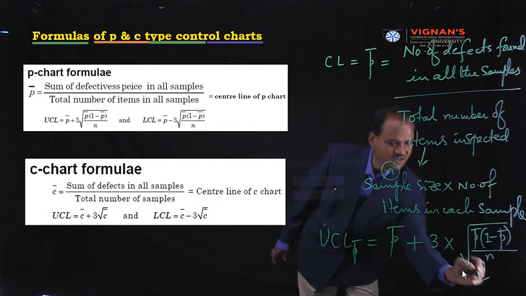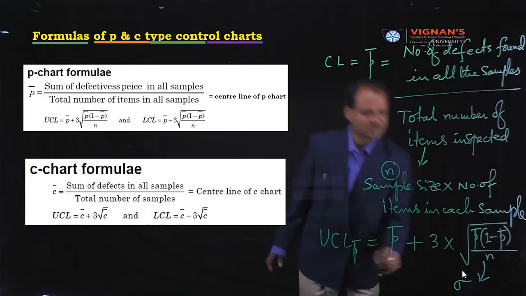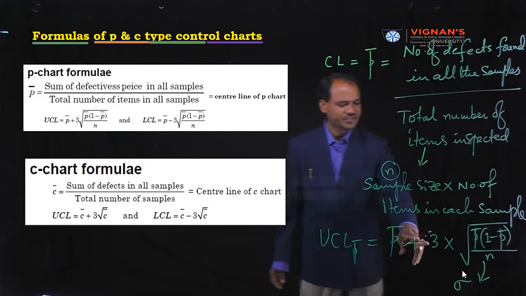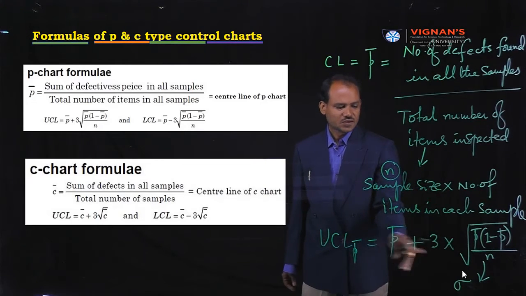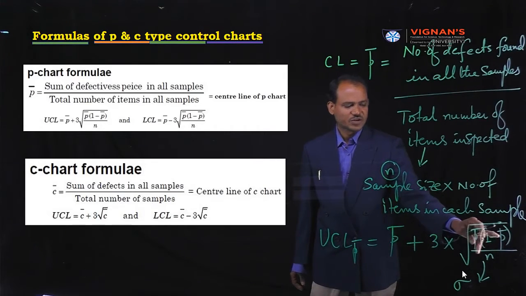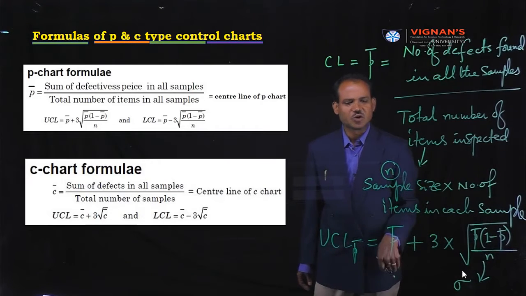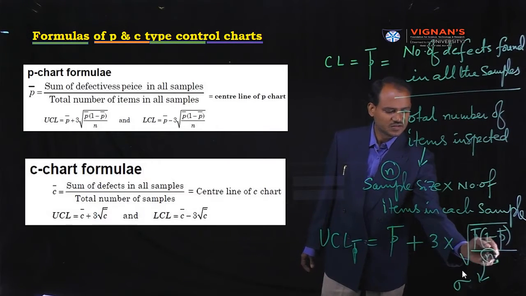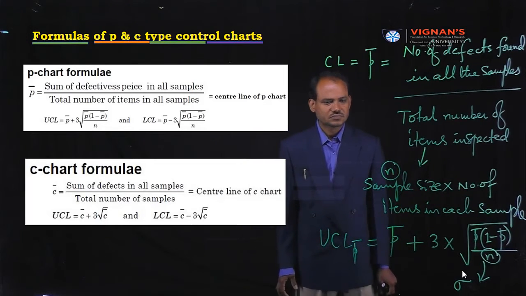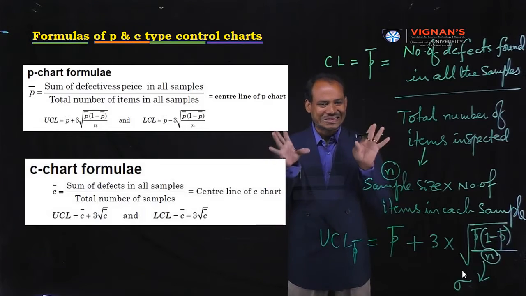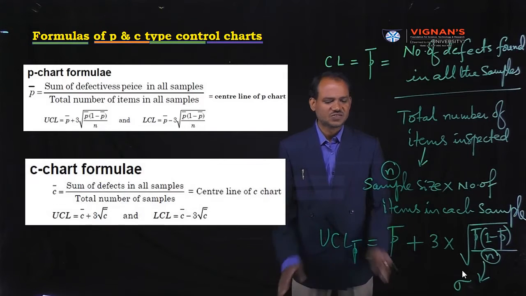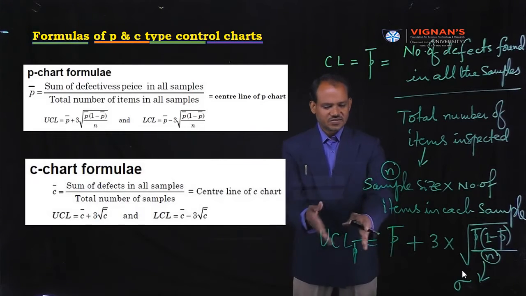This term is also known as sigma, the standard deviation. Standard deviation in a P chart is the square root of P bar into 1 minus P bar divided by small n, where n is the sample size. The number of items inspected in each sample is nothing but the sample size. This is the UCL.